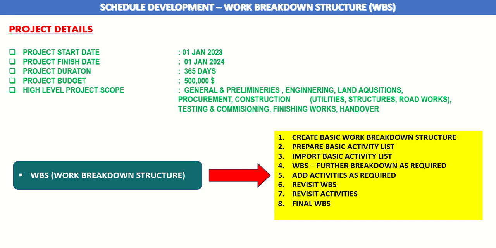Then we can further break down the WBS structure to the level we want, add activities again and again, revisit the WBS, and then revisit your activity list, and eventually you will end up with your complete WBS. All right, let's get back to Primavera.